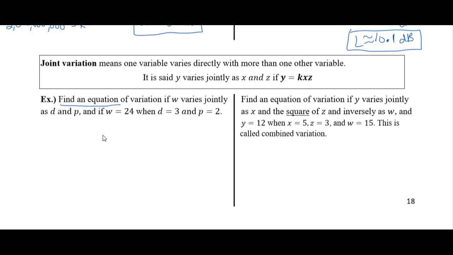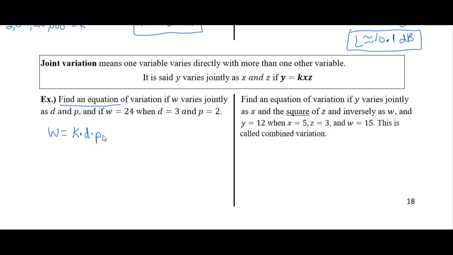So to find that equation, we still need to find the variation constant. So if w varies jointly, that's our key. So w varies jointly as d and p. So k times d times p.